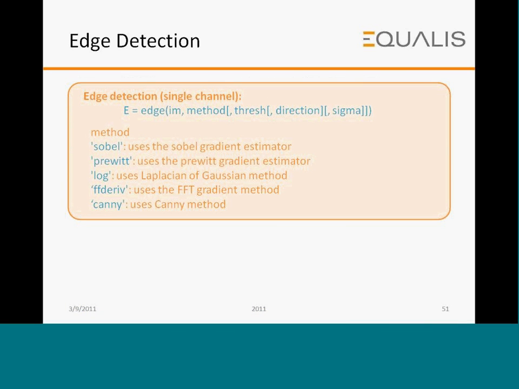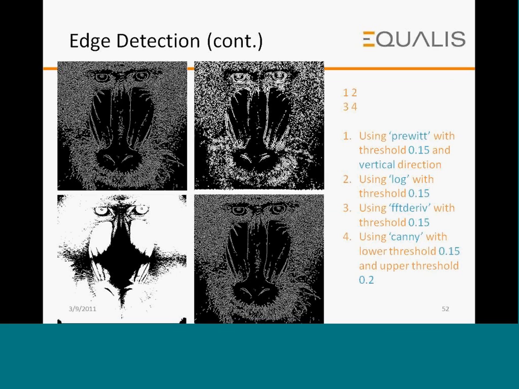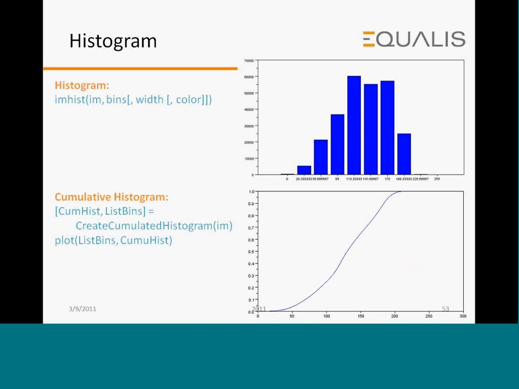Edge detection: this shows the construction for, say, a single channel. So you have the picture of the baboon, and we do edge detection, and this shows what output we get under various parameter settings. Say I want to get the image histogram using the commands in Scilab.